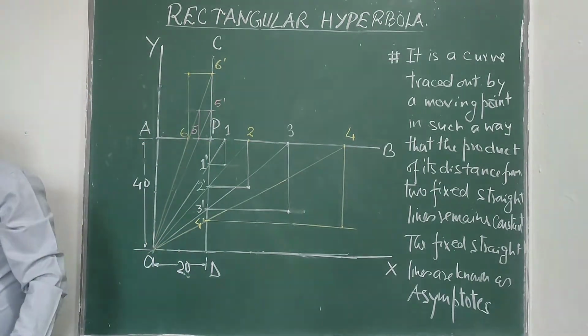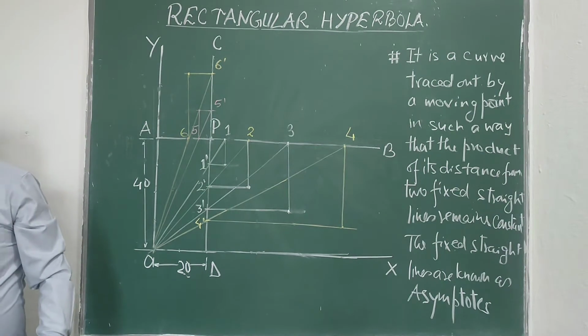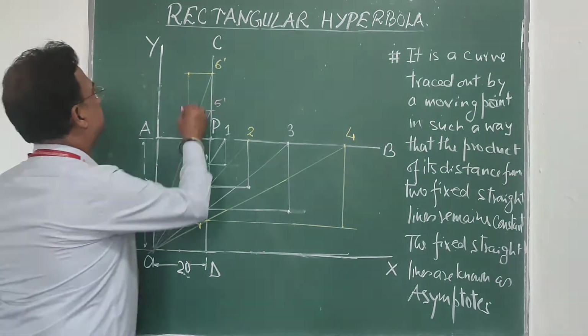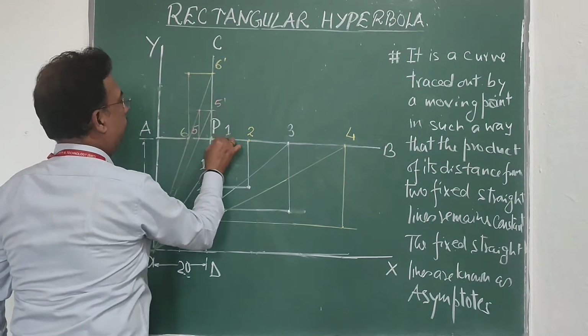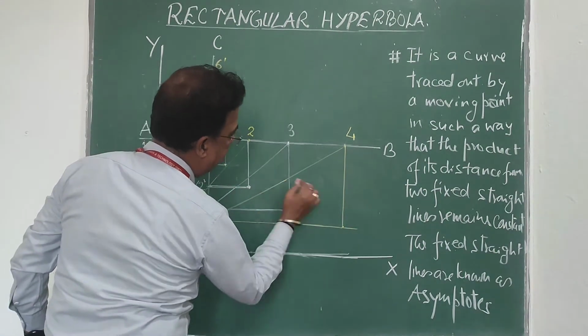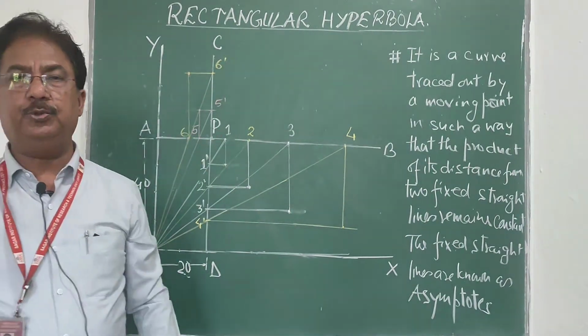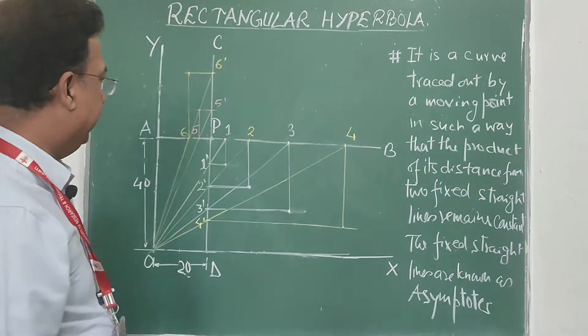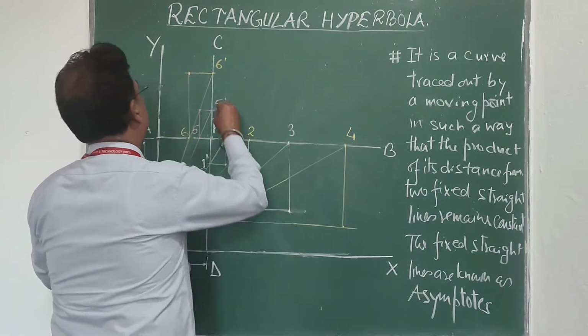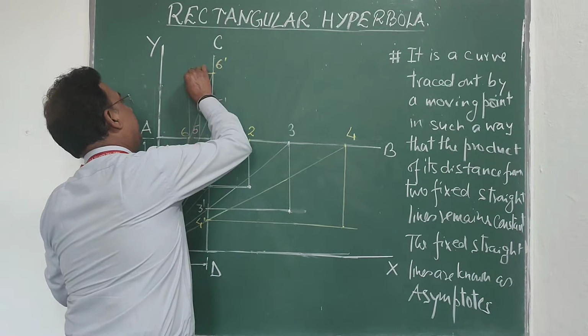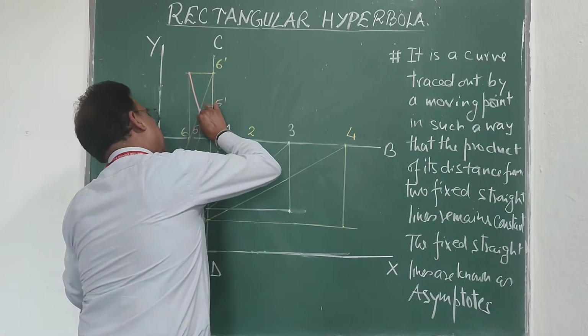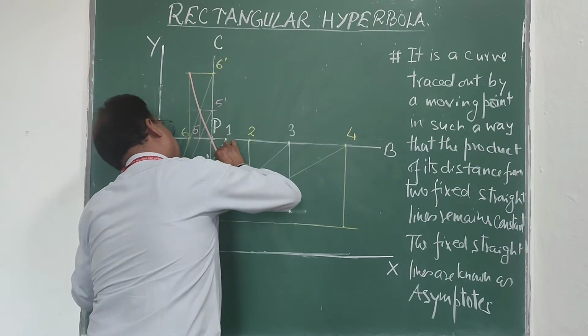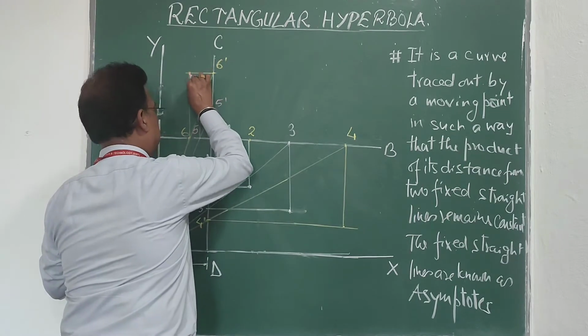Now look at the figure. Now we have a sufficient number of points. These are the points number 1, 2, 3, 4, 5, 6 and 7. If I join all those points by freehand with the help of a smooth curve, the figure obtained will be the required hyperbola, rectangular hyperbola.